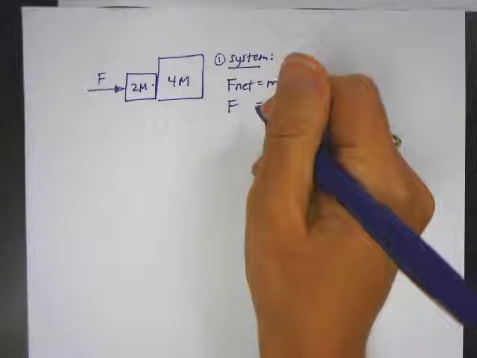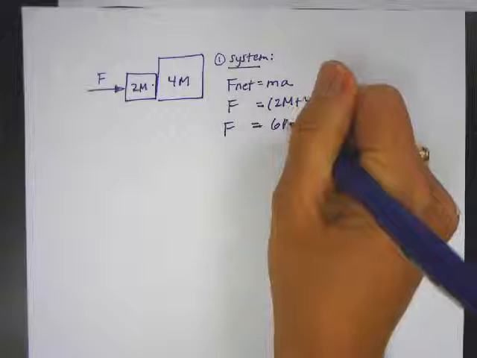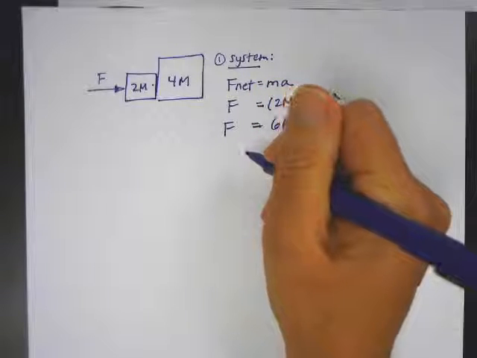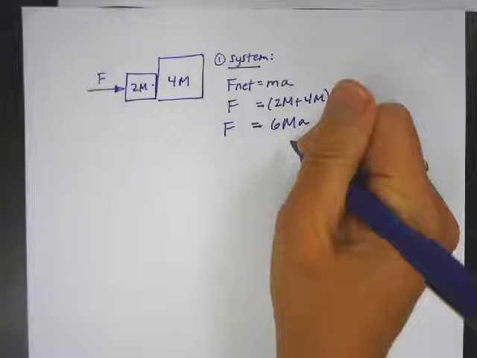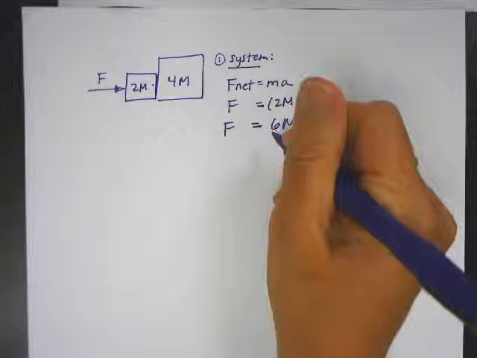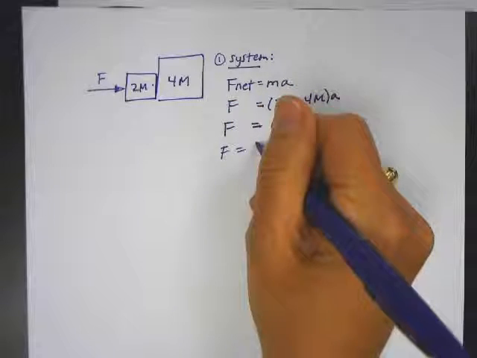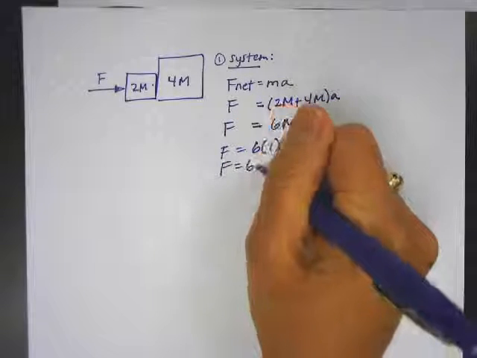When I rearrange this, I get F is equal to 6ma. The mass is 1, so F is equal to 6 times 1 times a, so F is equal to 6a.